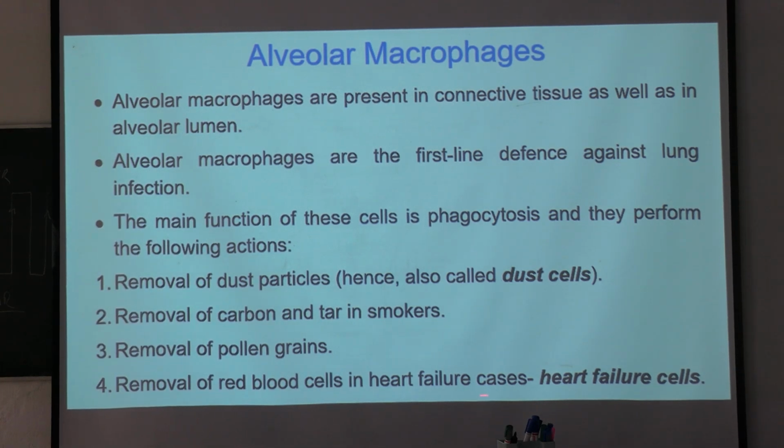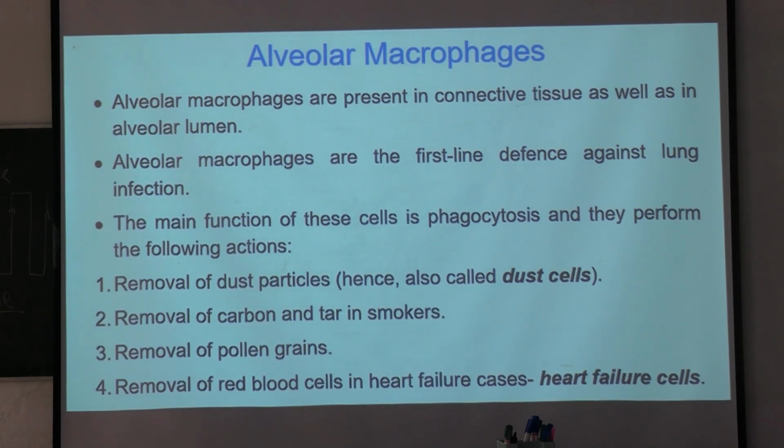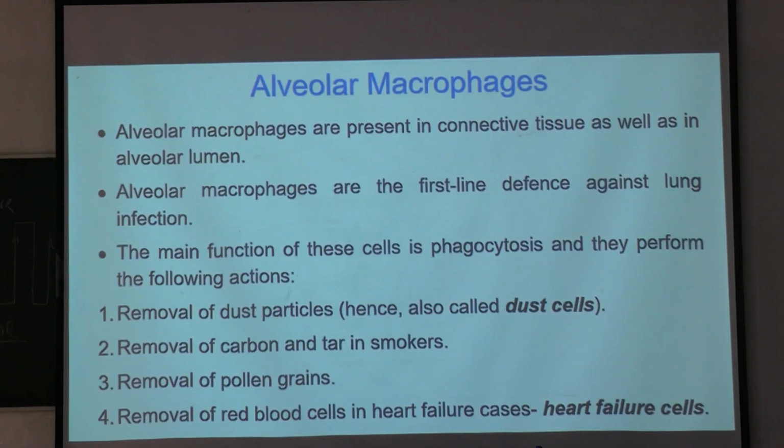If they phagocytose RBC, it is known as heart failure cell. Okay, this comes in your viva and MCQ. What is a heart failure cell? When the macrophages phagocytose RBCs in respiratory epithelium, they form the heart failure cells. Okay.